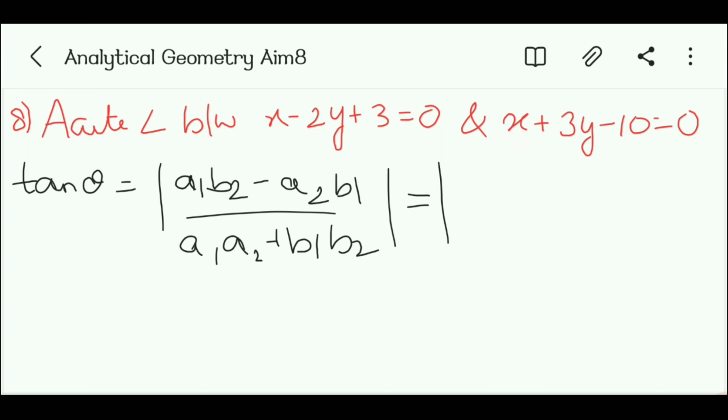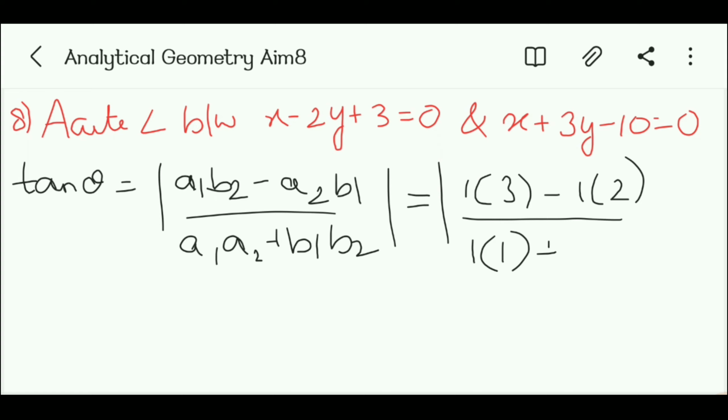So I will remove the underline. a1 is 1 into b2 which is 3, minus a2 which is 1 into b1 which is minus 2, divided by a1 a2, which is 1 into 1, plus b1 b2, which is minus 2 into 3, so minus 6.